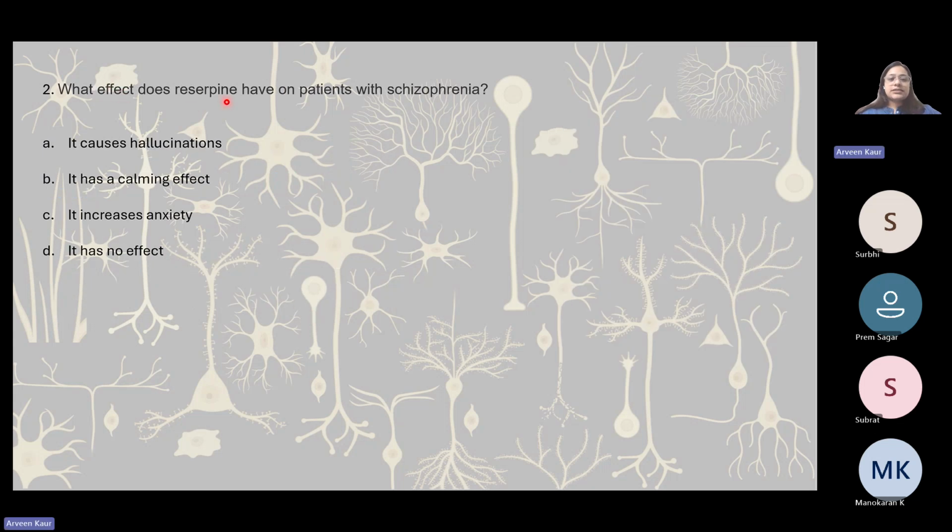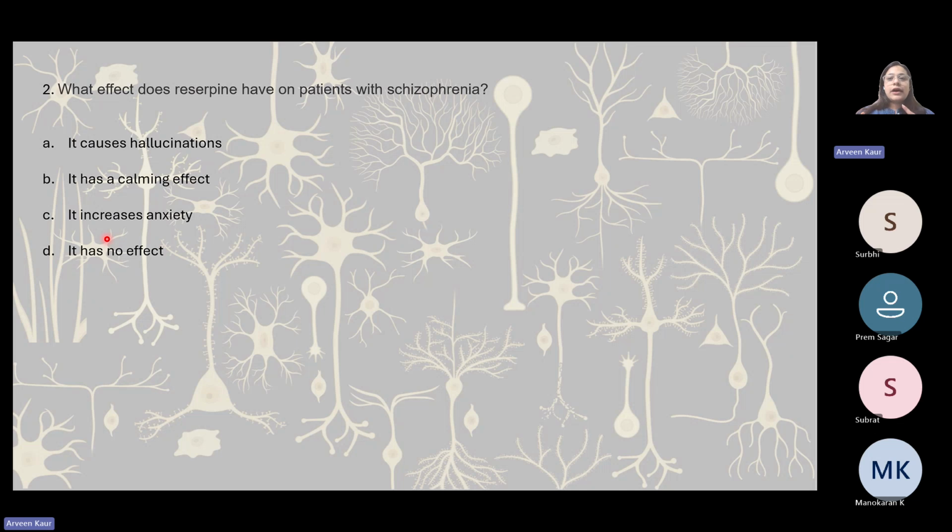What effects does reserpine have on patients with schizophrenia? One, it causes hallucinations; two, it has a calming effect; three, it increases the anxiety of these patients; or four, it has no effect at all. Reserpine, if you remember this discussion, was actually an antihypertensive drug.